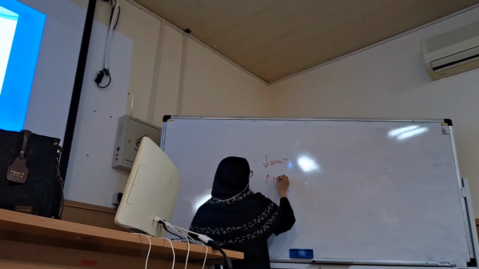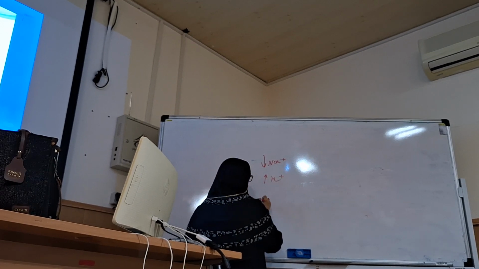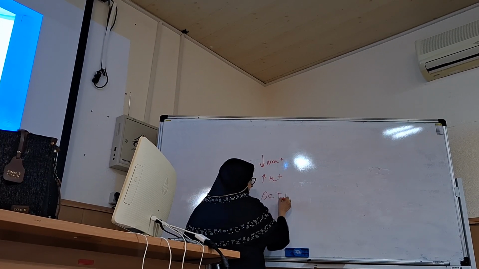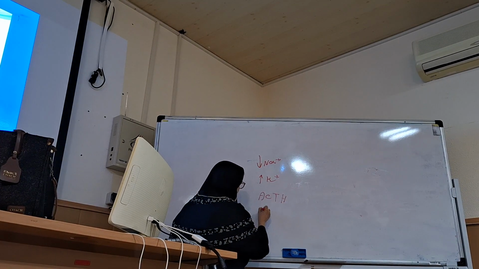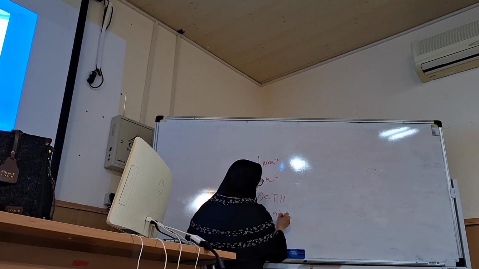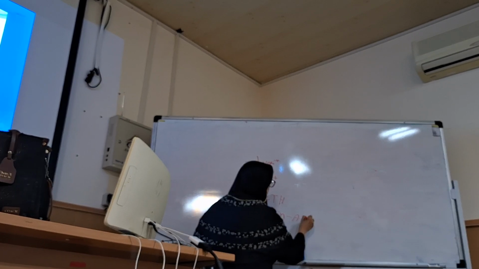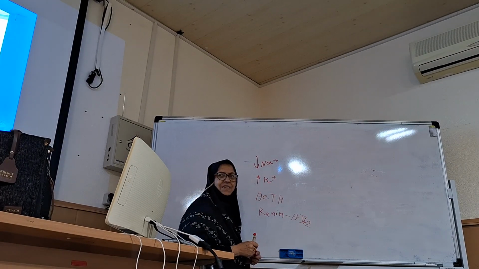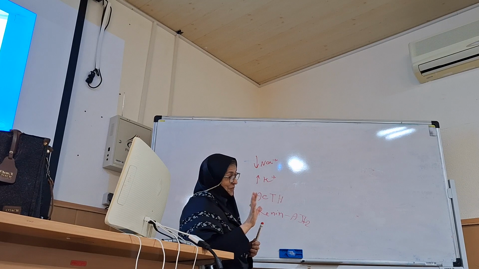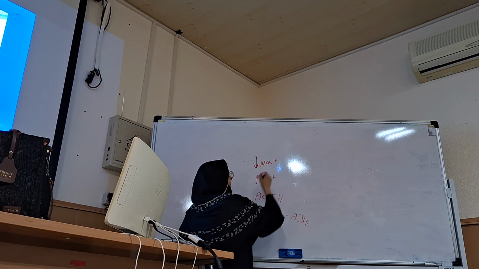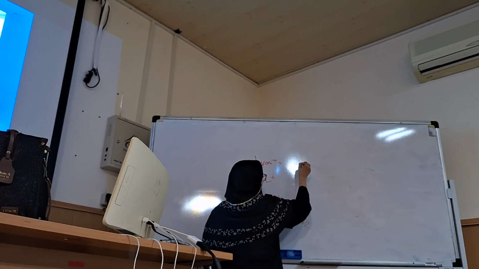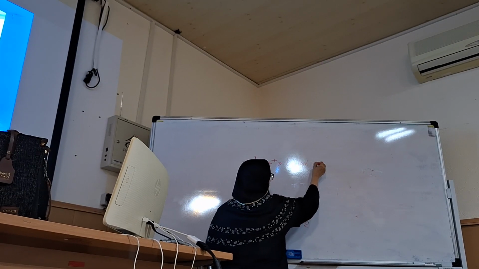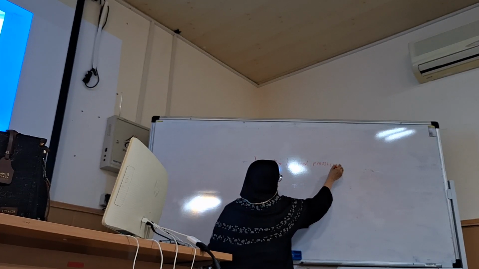Increase potassium. Okay. ACTH increase. Okay. And renin increase, angiotensin 2. Blood volume decrease, and blood pressure decrease.